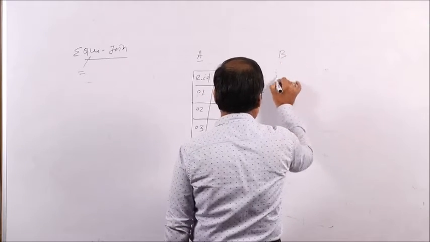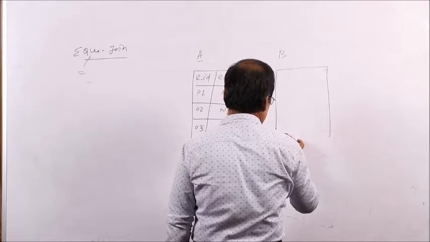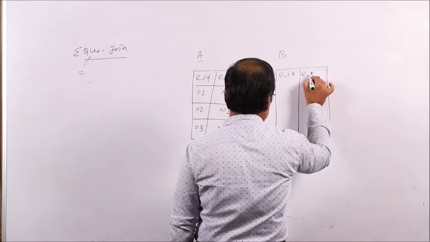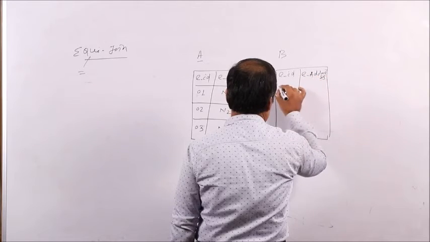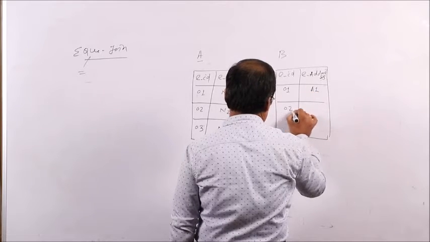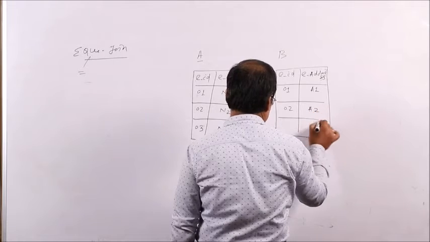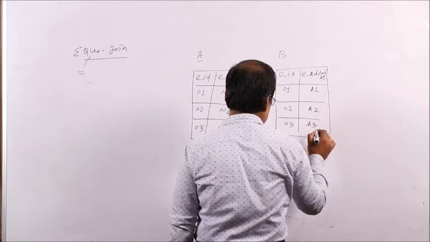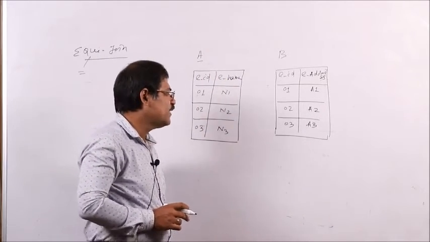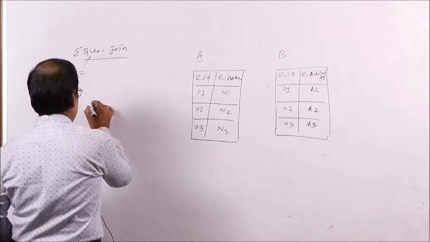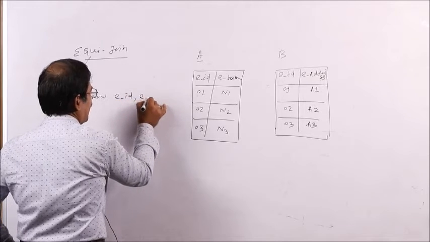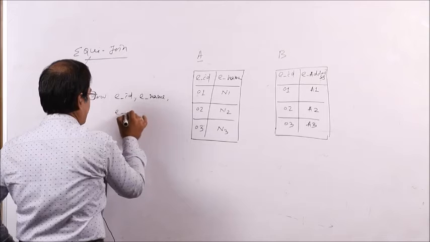B is another table. So, EID is here, suppose employee address, 01, address is suppose A1, 02, address is suppose A2, 03, address let it be A3. So, here my requirement is display or show me employee ID, employee name, employee address.